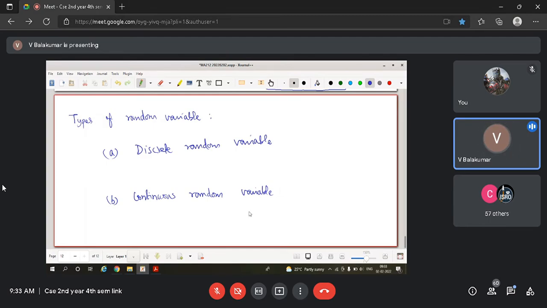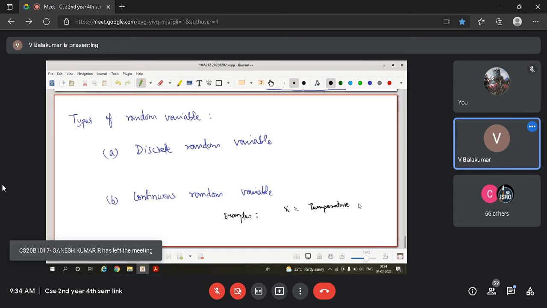For example, we are writing examples only, okay? Suppose we say that x equal to temperature, or simply in our main gate they are checking the body temperature, simply we write temperature. Temperature at a particular point, I should say, body temperature, at different times of course, or simply temperature of this room, simply room temperature.